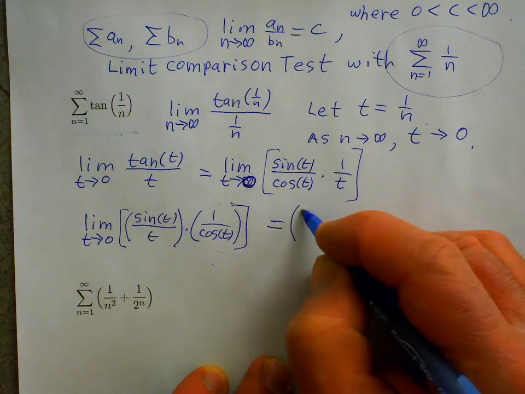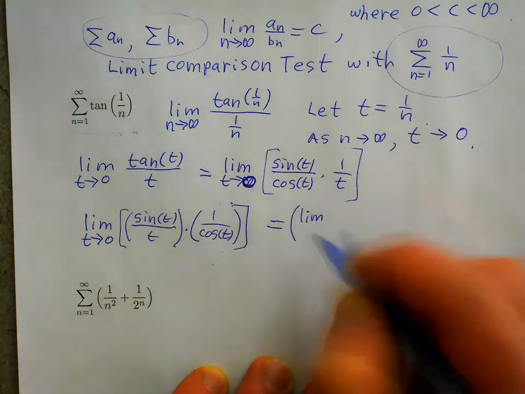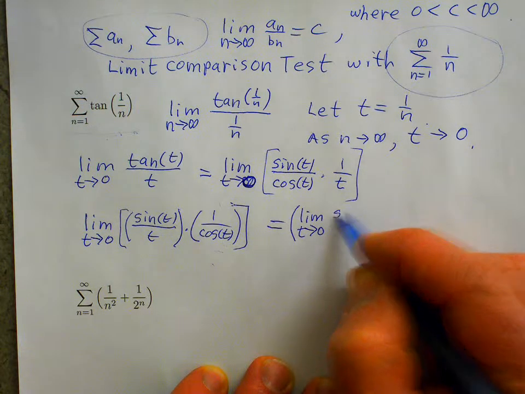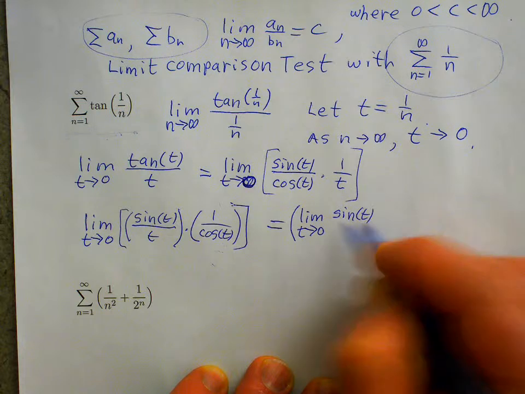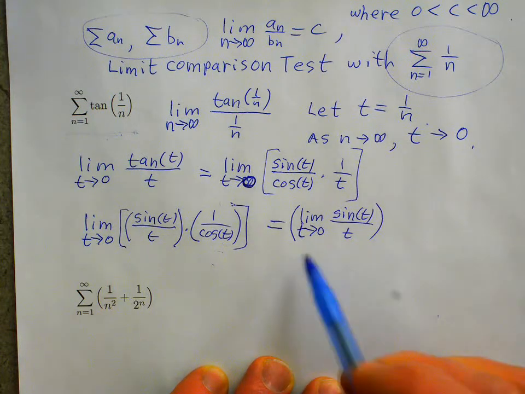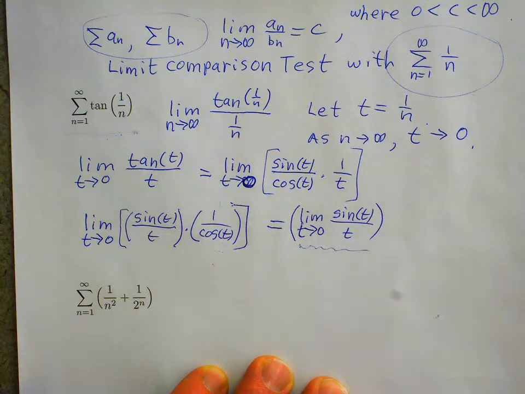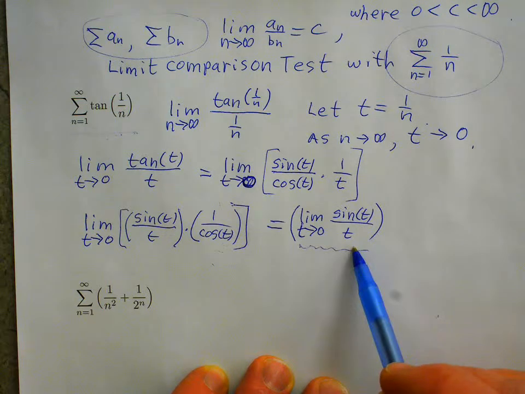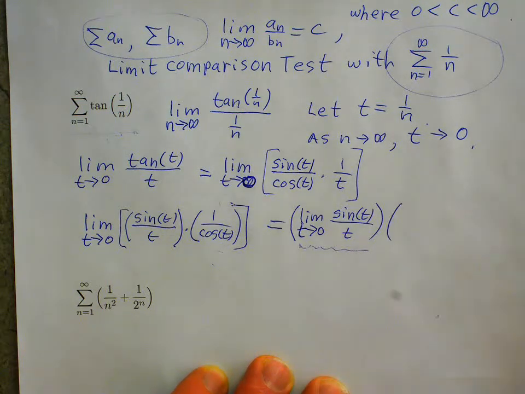So this particular limit, the limit of sine of t over t as t approaches 0, is one of the more famous limits. You would use this limit when using the definition of derivative to find the derivative of the sine function.